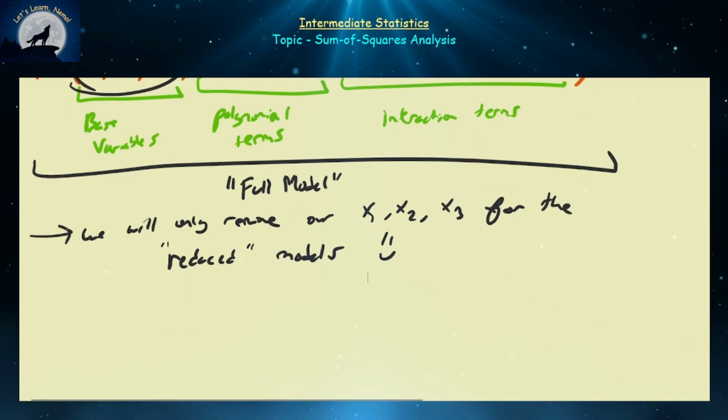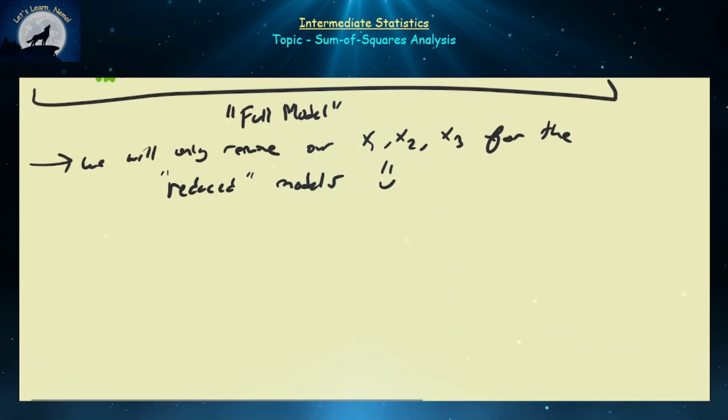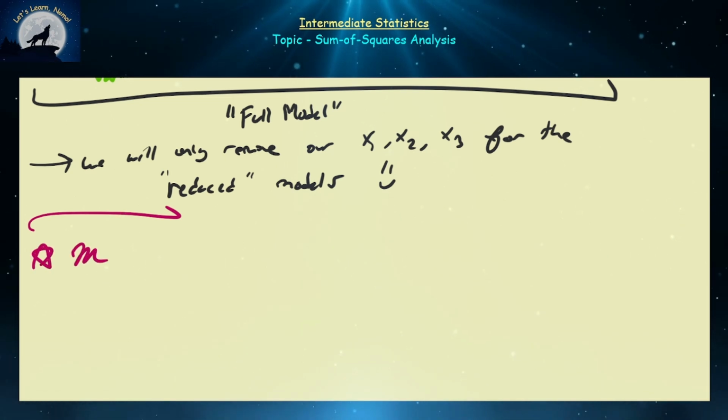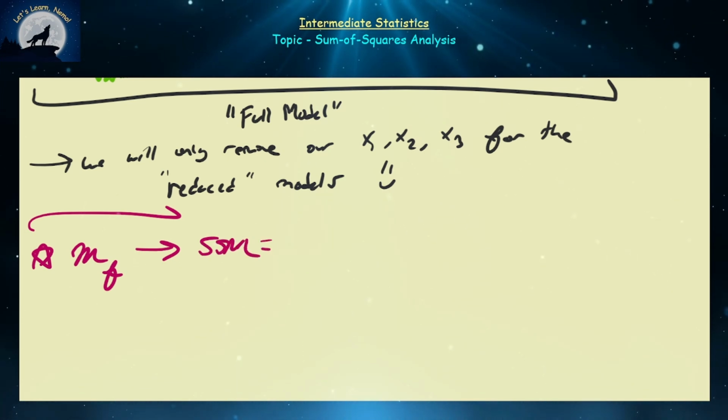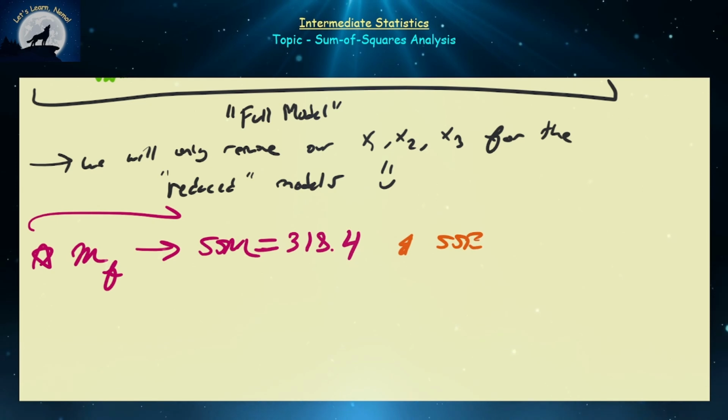So let's assume that we use the same exact data as we were using before, and for our full model, let's assume that the SSM for this particular case is 318.4. Right? And of course, you could look at the SSE for this particular model, and let's pretend that that's 942.2.